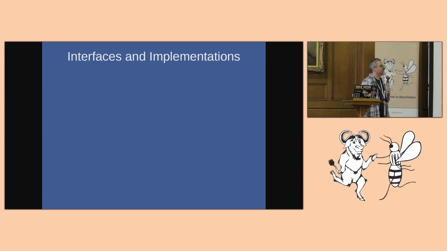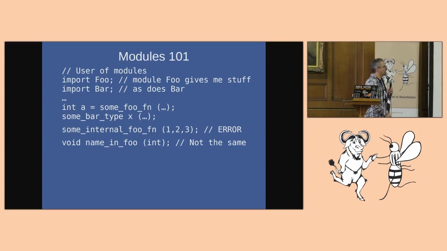Sorry, question? Yeah, when you get ambiguity, is there any way to resolve the ambiguity? Can you somehow qualify the name you want to import so you can decide between different modules that provide it?